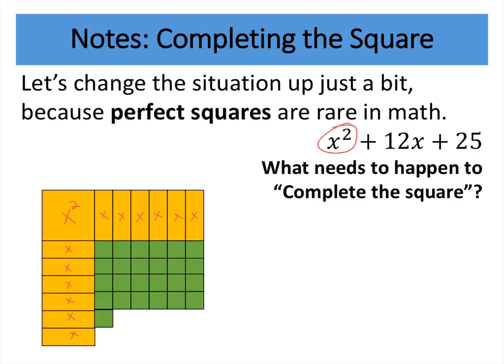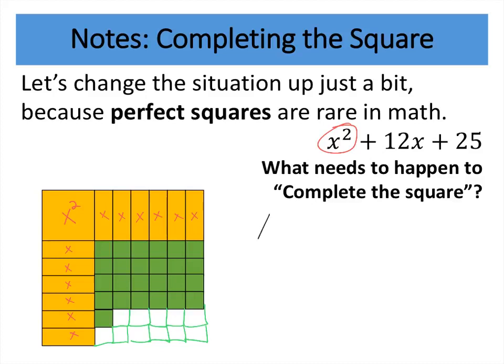So how many more squares do we need to complete this square? So we think, how many more squares visually do I need to complete this square? Well, I need 1, 2, 3, 4, 5, 6, 7, 8, 9, 10, 11. I need 11 more squares to complete this square.